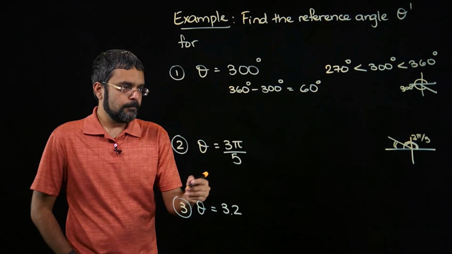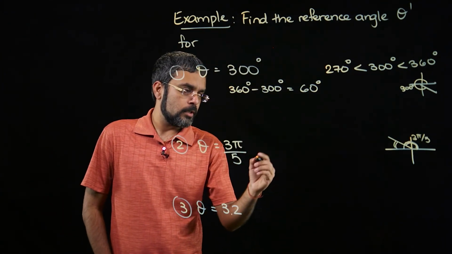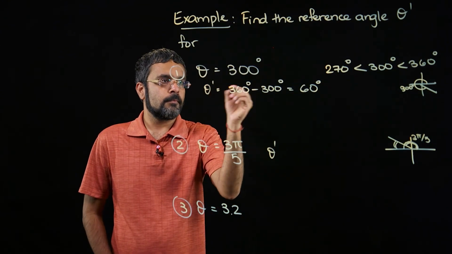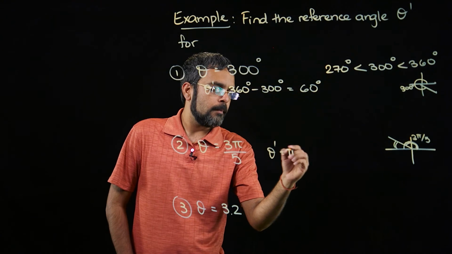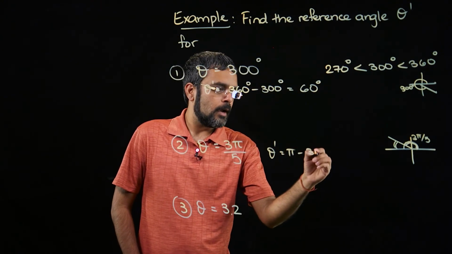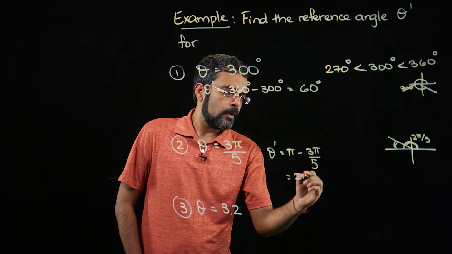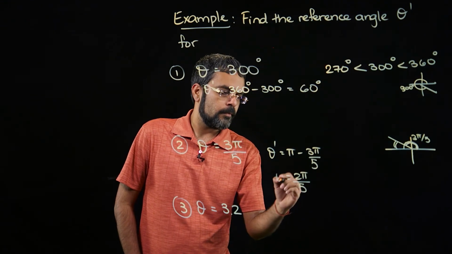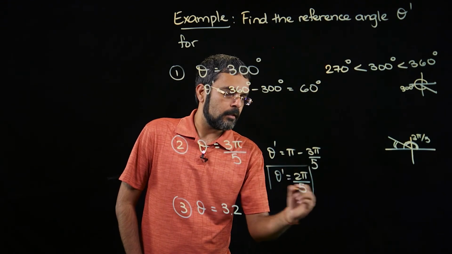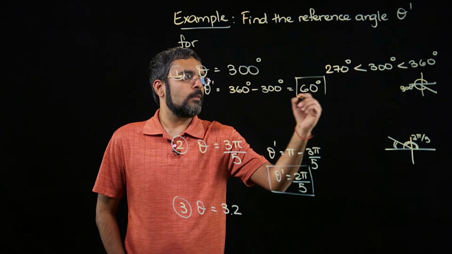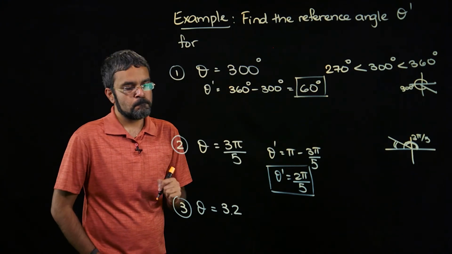Since it's in the second quadrant, I can find my reference angle theta prime by pi minus 3 pi over 5, and that gives me 2 pi over 5. So that is my reference angle for 3 pi over 5, and here it's 60 degrees for 300 degrees.